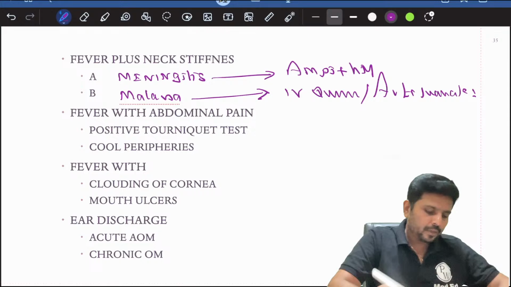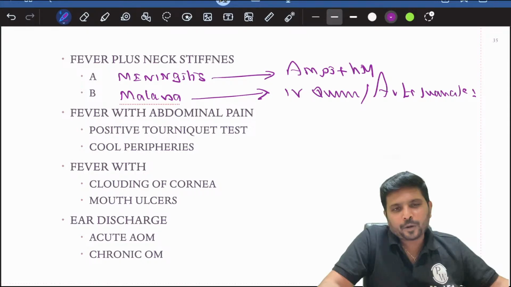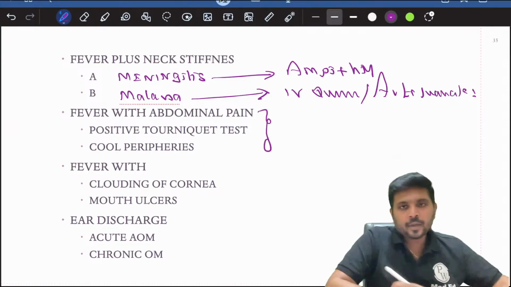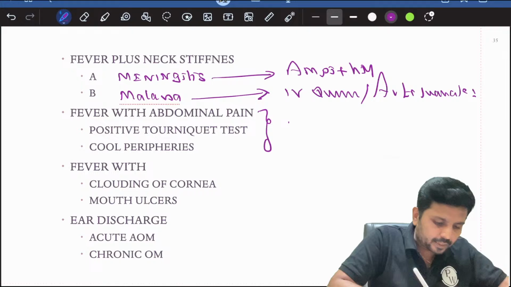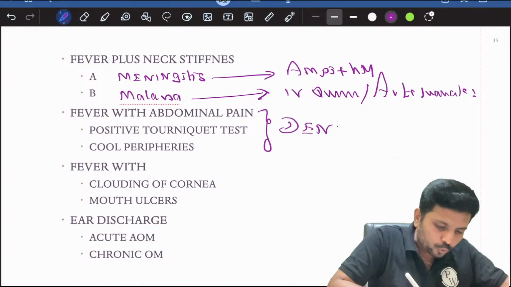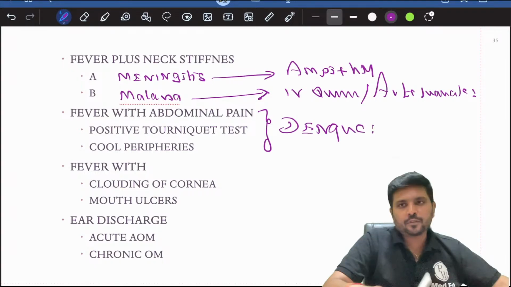Fever with abdominal pain, positive tourniquet test and cold peripheries. In the recent 2022 adaptation of IMNCI guidelines, they have included dengue.